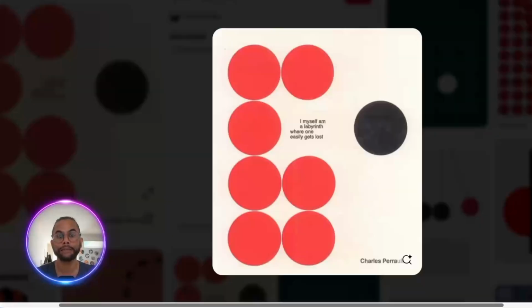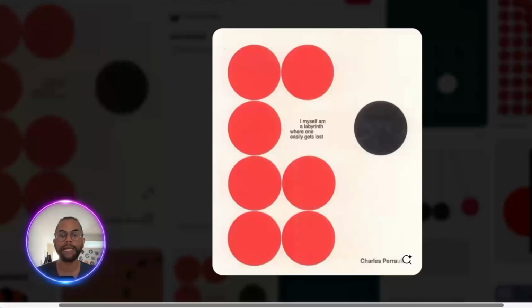Now let's try a different one. Again, don't analyze it necessarily, just kind of look at it for a little while. Where did your eye go first? Now, think about this. Where did your eye go next?